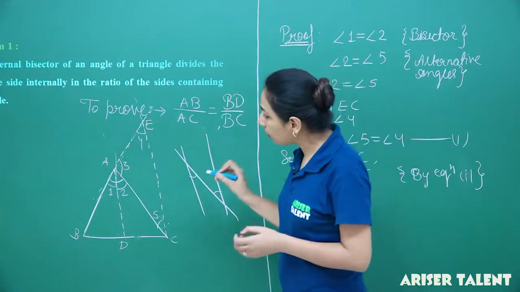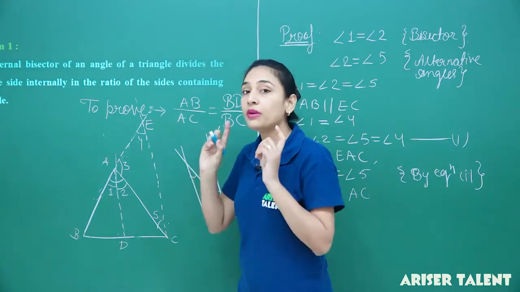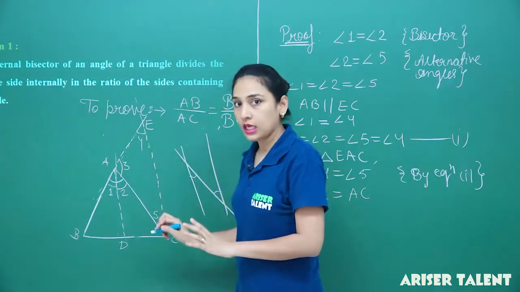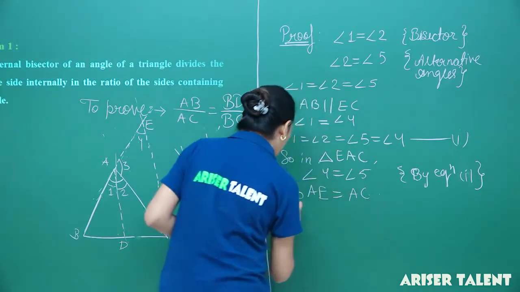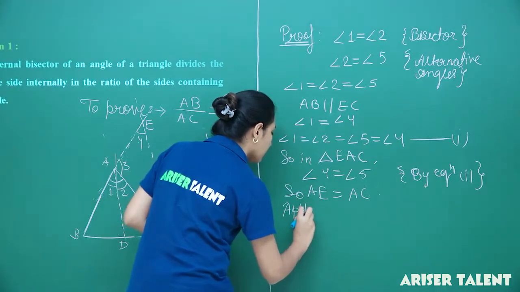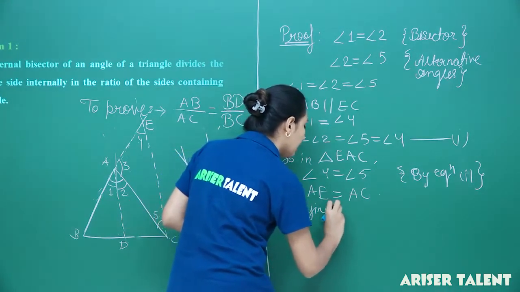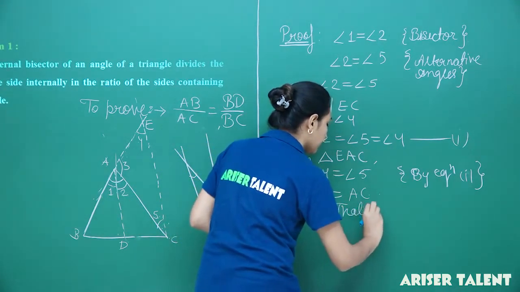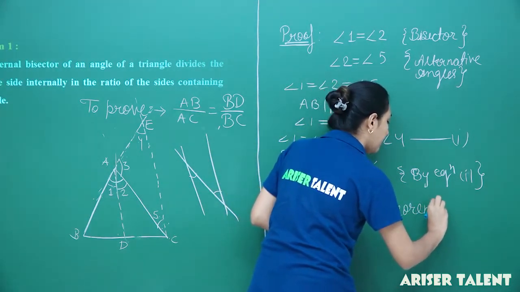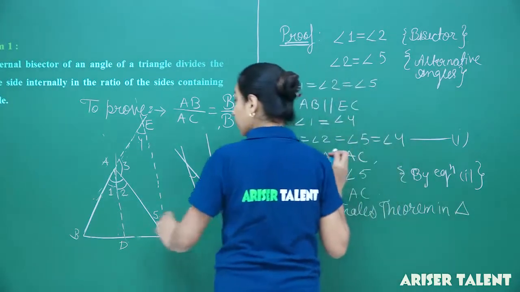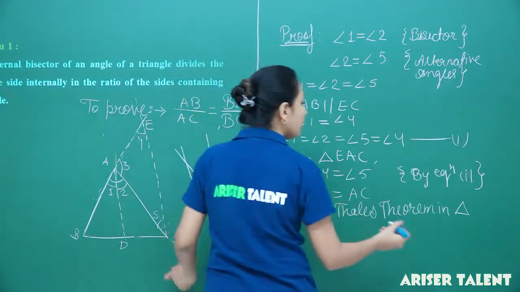Okay. Now, you can apply your basic proportionality Thales theorem in this triangle. Applying Thales theorem in triangle BEC.